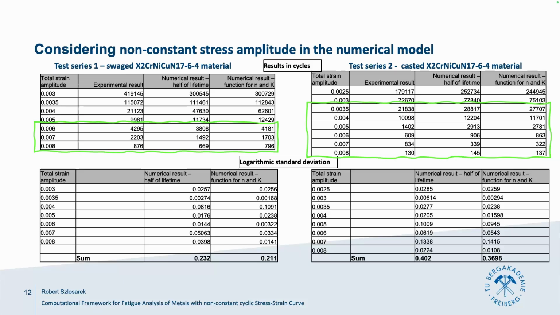What is interesting to quantify is the sum of the logarithmic standard deviation, our measurement. There we can see that for the numerical results with function n and k, the error is quite a bit lower than the half of lifetime approach, also for the second test series.